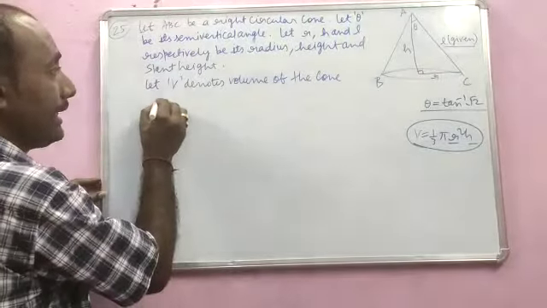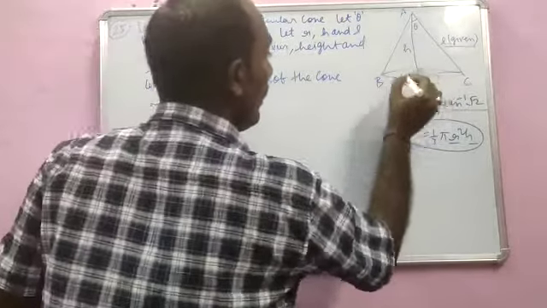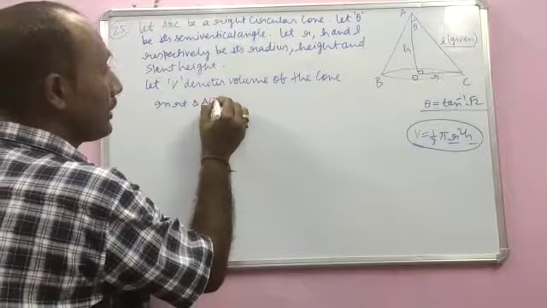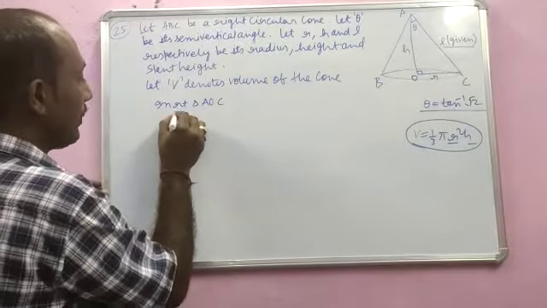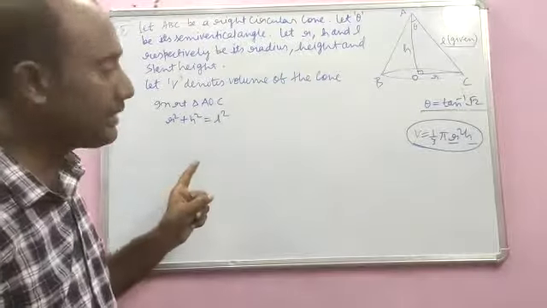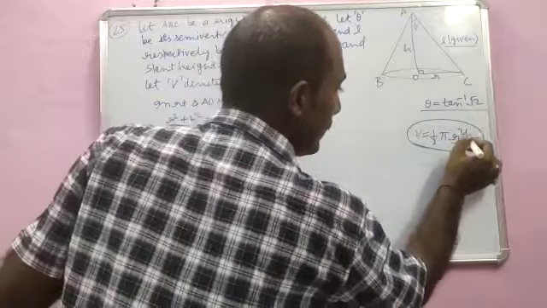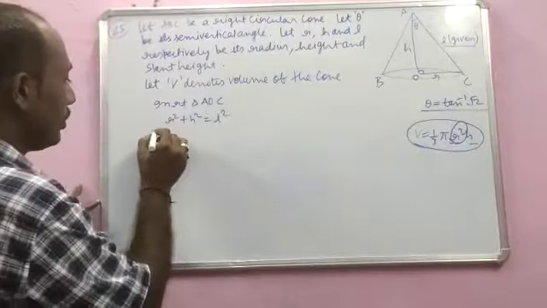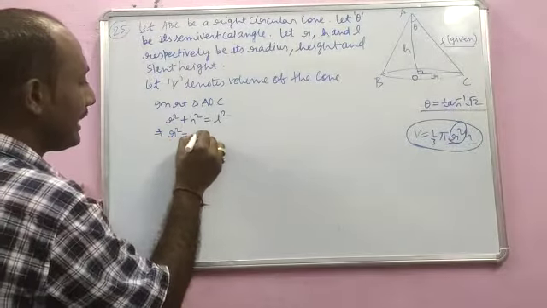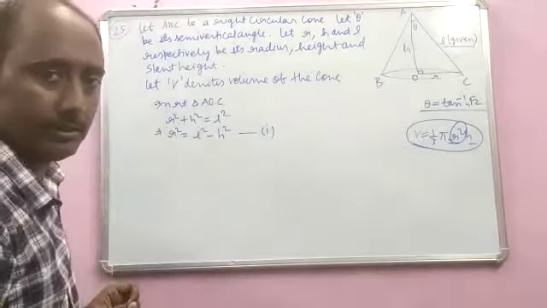So what you can write here is, in right triangle AOC, r square plus h square is equal to l square. This is the relationship between radius, height and slant height. And here in this case you need the value of r square. So you can write r square as l square minus h square, name it as equation 1.